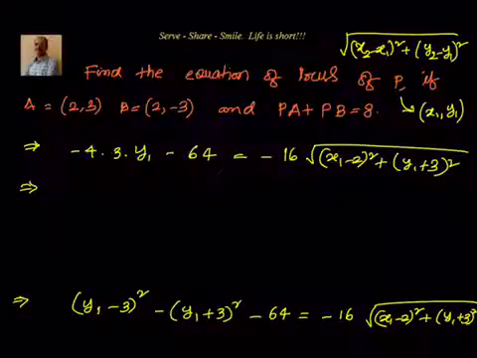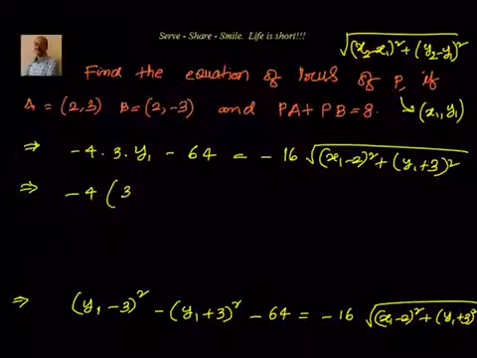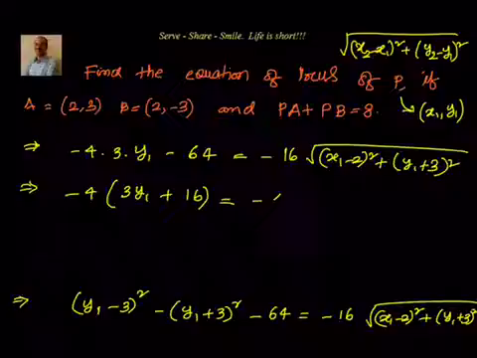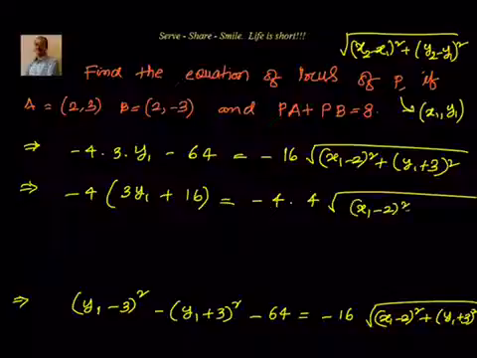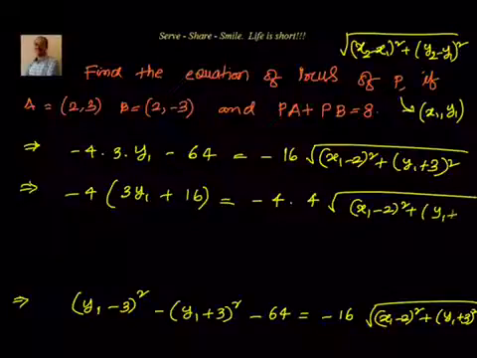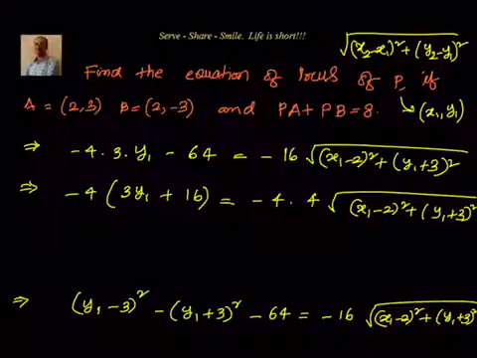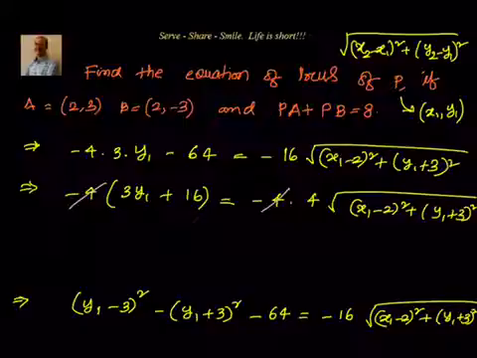So the next step, what I will write down, I will take minus 4 common. I will have 3y1 plus 16 equal to minus 4 into 4 into square root of (x1 minus 2) whole square plus (y1 plus 3) whole square. Now I can cancel negative 4 on both sides and we will square it up now.